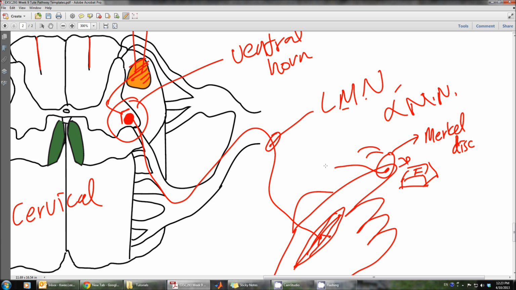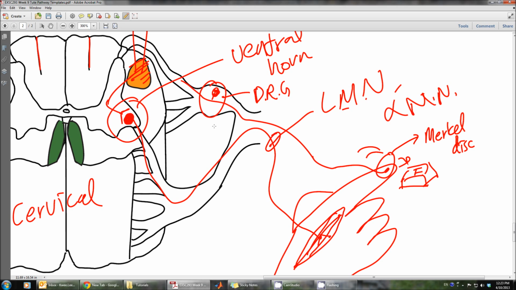This afferent fiber will go through, let's use this cervical spinal cord, the dorsal root, and it will have its cell body in the dorsal root ganglia.